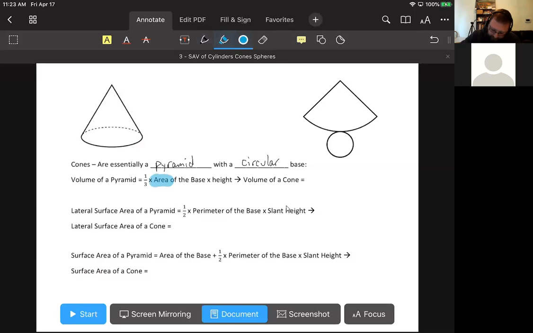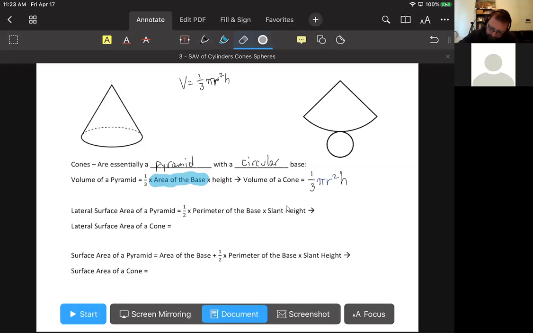So we leave the 1/3, plug in pi r squared for the area of the base, and we still have a vertical height for the cone. And that's where our equation for the volume of a cone comes from. The volume of any cone is 1/3 pi r squared h.